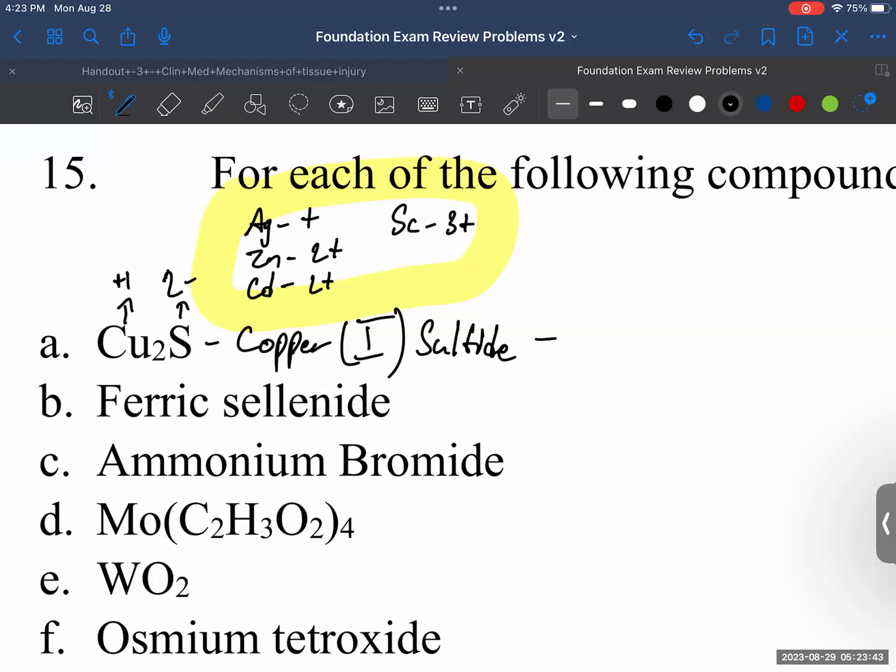Some of them will have a Roman numeral, some with the correct charge, some of them won't have a Roman numeral. And it's your job to remember that it does not require a Roman numeral because it only has 1 charge. Therefore, there's no need to have a Roman numeral for it. Does that make sense? So again, pay attention to all the exceptions in this class. They're very important. All right, that being said, there is another way to name this compound. Y'all tell me what it is.